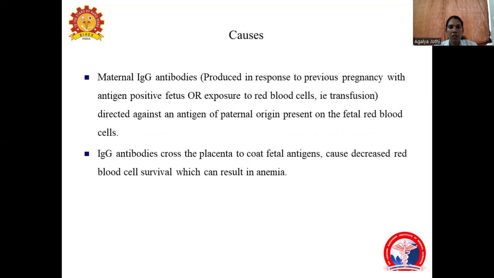The most common cause is maternal IgG antibodies from a previous pregnancy with an antigen-positive fetus, or exposure to red blood cell transfusion, directed against an antigen which is present on the fetal red blood cells. The IgG antibody crosses the placenta and binds to the fetal antigen, causing decreased red blood cell levels, which can result in anemia.